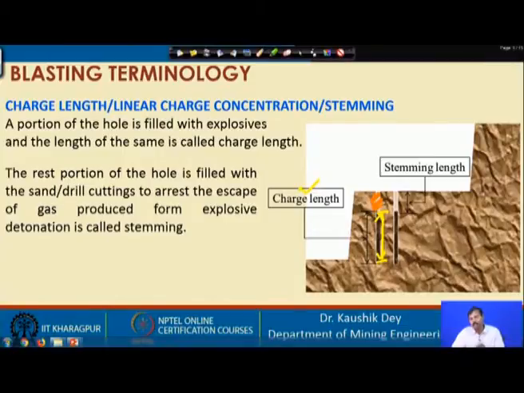We want the explosive inserted inside the hole, detonated, and the gases kept locked inside the hole.